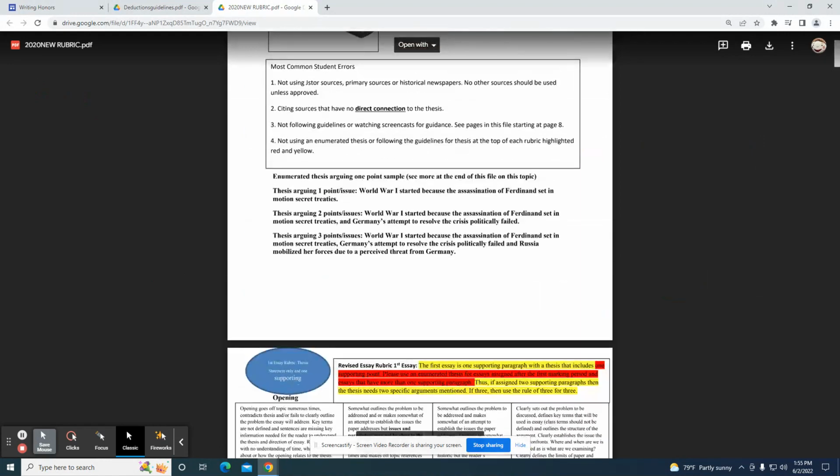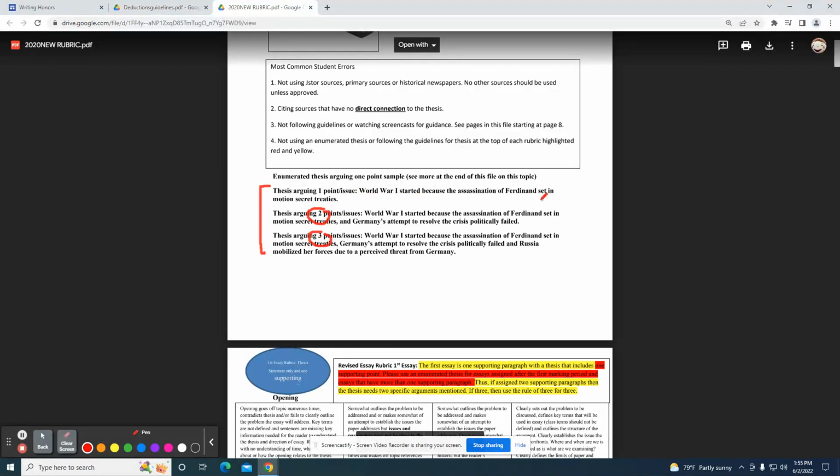I think I have some samples up here. In this section, we see the thesis arguing one point. Now, I know there's a lot of discussion about enumerated theses. Some English teachers don't want it. I'm actually looking for that. So in this section, we have a thesis for one supporting paragraph. This one is for 2 supporting paragraphs, and this is for 3.